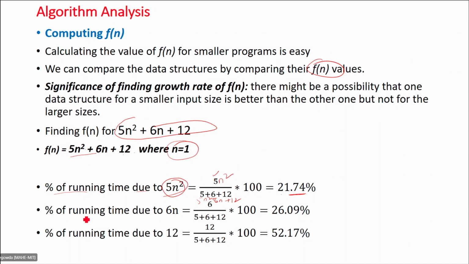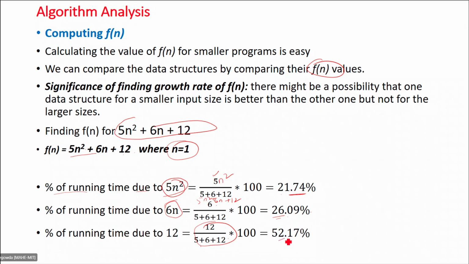So the percentage of running time due to the term 6n is nothing but 6 divided by 5 plus 6 plus 12. Since n is equal to 1, this will be 26.09%. Similarly, for the last term, the 12, the runtime is 12 divided by 5 plus 6 plus 12 into 100.